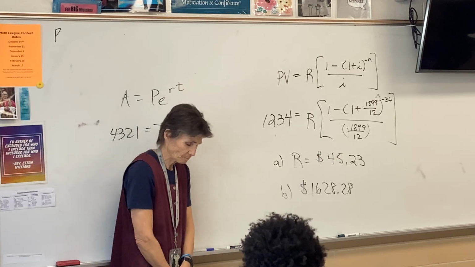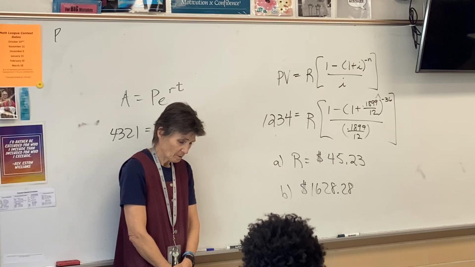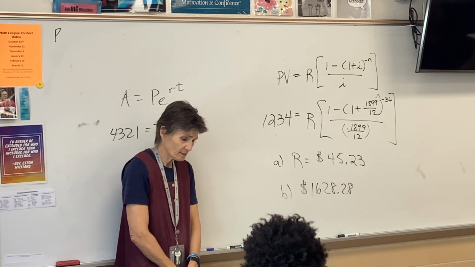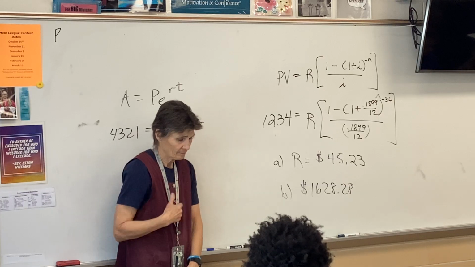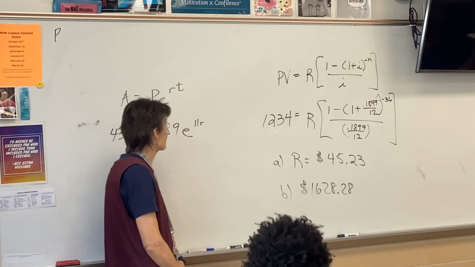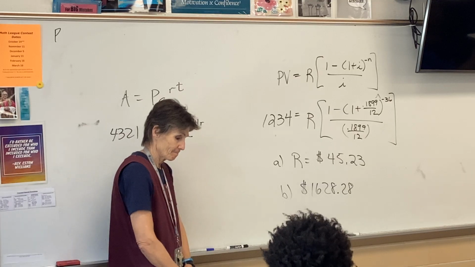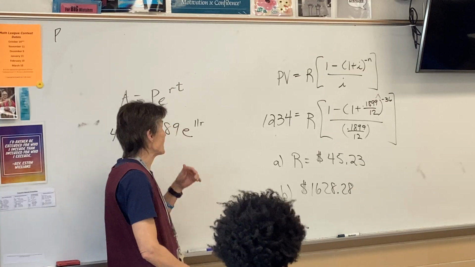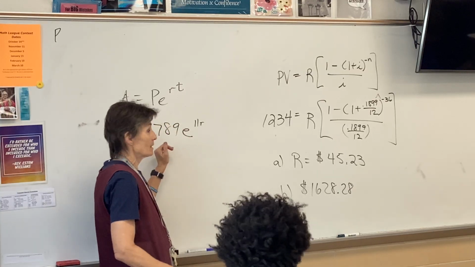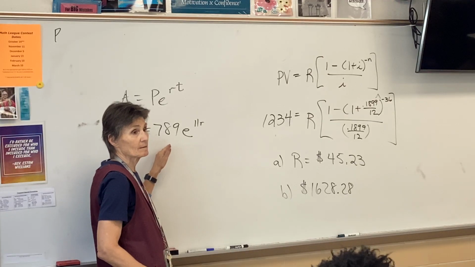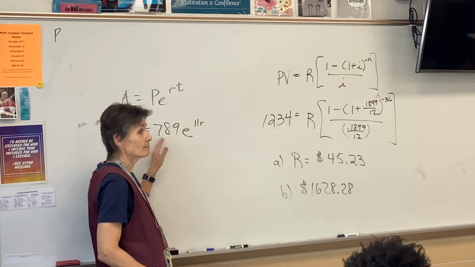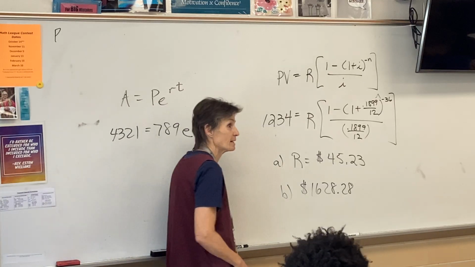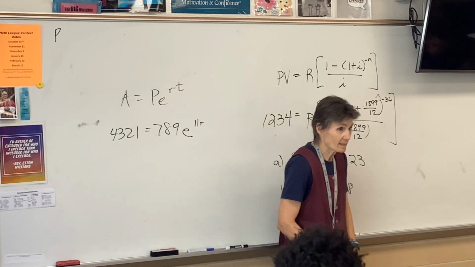So 11 would go in for T. Now, what would be the steps to solving this? Divide by 789. Take LN of both sides. Divide by 11 because the E is going to cancel out. And that will be the answer to that.